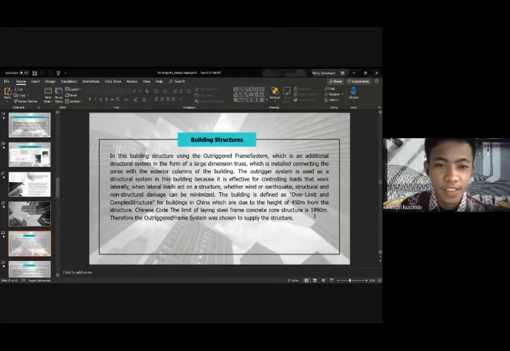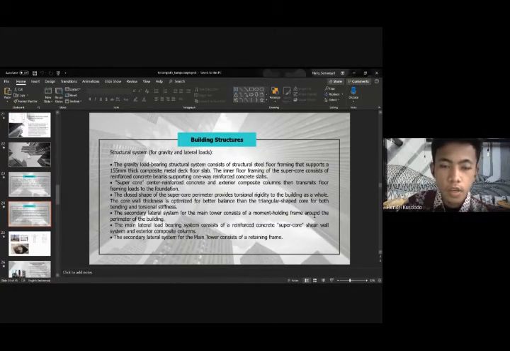Building structures. The building uses an outrigger frame system, which is an additional structural system in the form of a large-dimension truss, installed connecting the core with the exterior columns of the building. Structural system for gravity and lateral loads. 1.